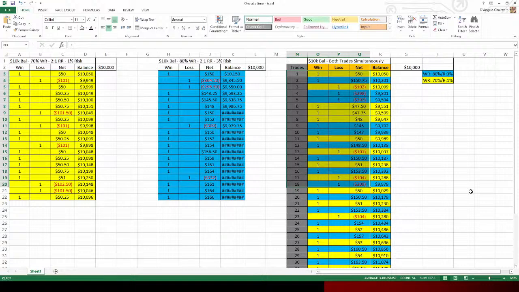But the biggest facet to this is the psychological facet, which is much more detrimental, because being below capital causes you to second guess your approach.